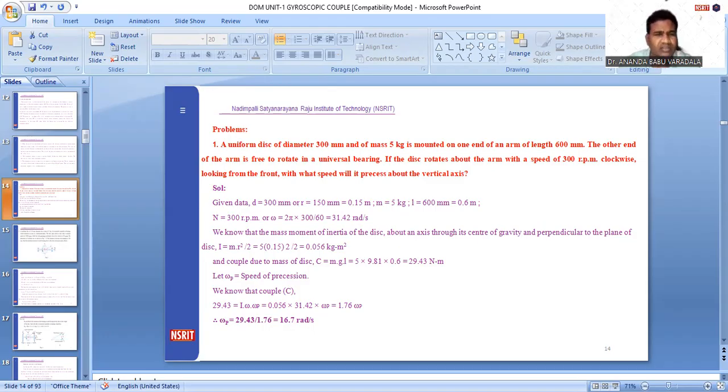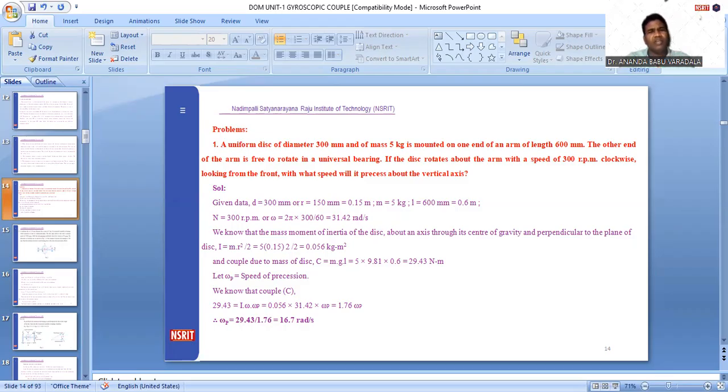Okay, by substituting the mass moment of inertia I equal to 0.056 in this formula, and substituting omega, which we have found, 2 pi N by 60, that is 2 pi into 300 by 60, we get 31.42.